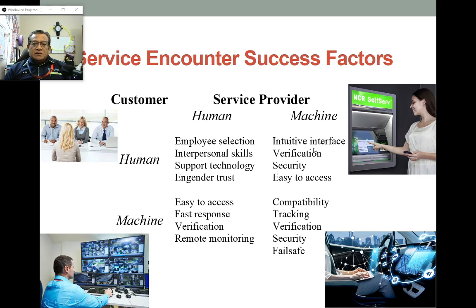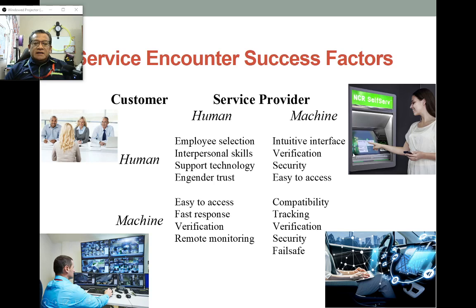Secondly, quadrant number two is the interaction of the service encounter between machine and human. Here, the machine itself needs to deliver a very intuitive interface. It means that what to do next must make common sense to the customer who is interacting with the machine, for example the automated teller machine or the cash deposit machine.